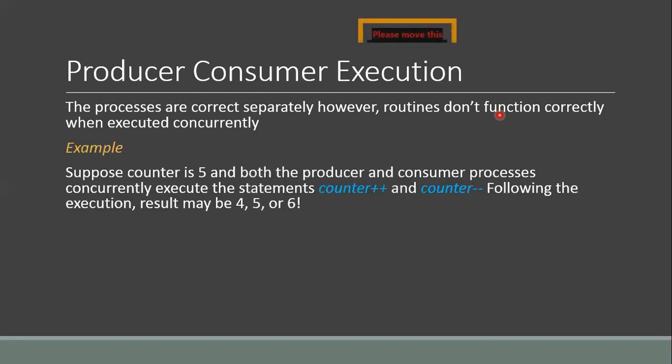Let's take an example to explain this. Suppose the value of counter is 5. This means there are 5 items available in the buffer, and both the producer and consumer processes concurrently execute the statements counter plus plus and counter minus minus.